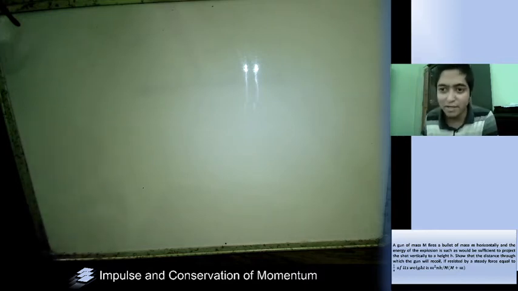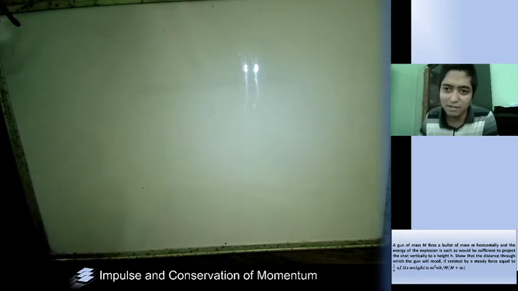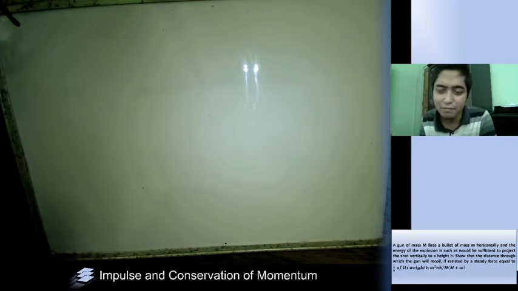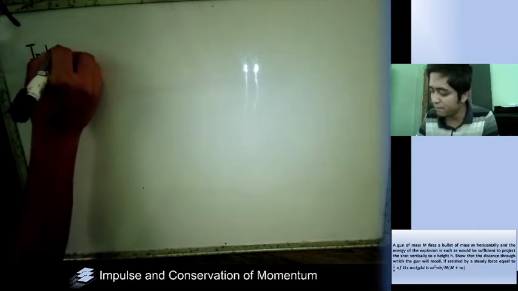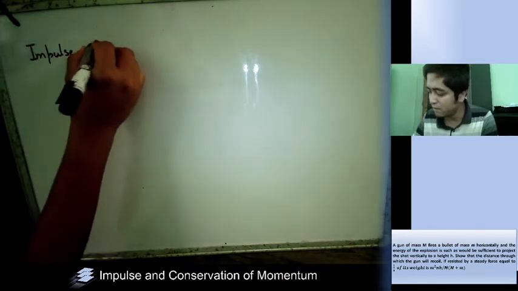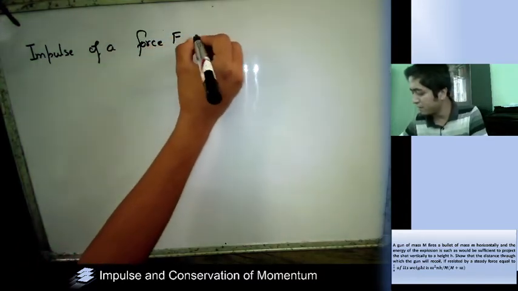Impulse, you may have remembered, I will not go into the details, but let me just give the mathematical definition of it in terms of equations. Whenever we say impulse, we usually mean the impulse of a force F over time t.